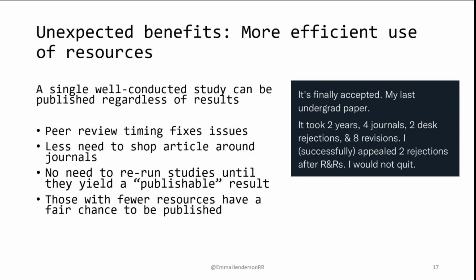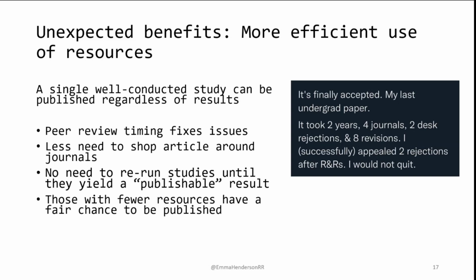And I wanted to contrast it with this tweet that talks about someone's undergrad research, where they say that it took 2 years and 4 journals, 2 desk rejections, 8 revisions, and 2 successfully appealed rejections after revise and resubmit. So a very tenacious individual.